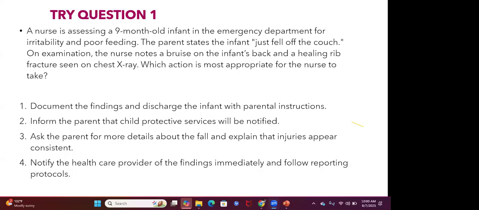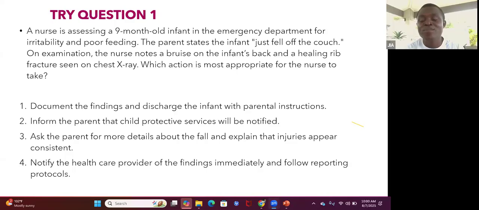Yes, I think we learned that all the other options, for instance, to discharge the client, means that we are sending the infant back to the same environment where the abuses were happening. And to just inform the parents about child protective services, that they will be notified, also doesn't solve it.